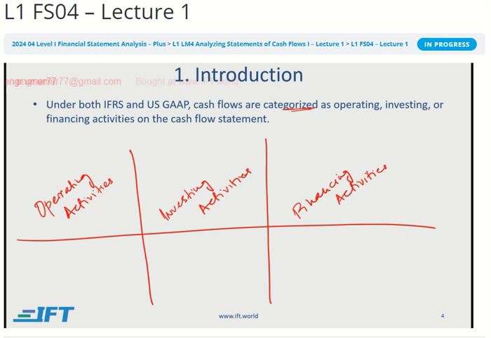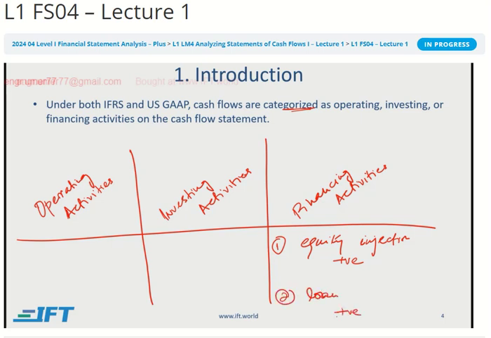So in your financing activities, let's say the company is started and there is an equity injection, where your shareholders are putting cash into the company. So this is positive, obviously, because cash is coming in. And let's say you take a loan from a bank.